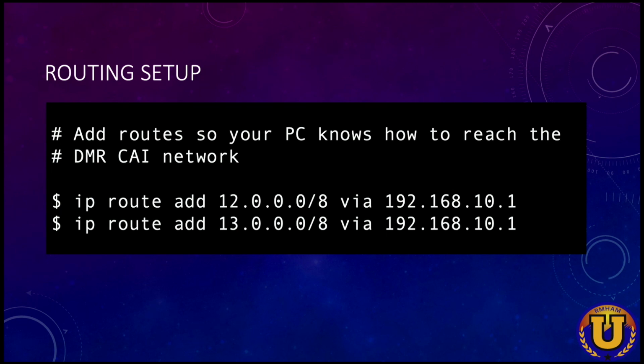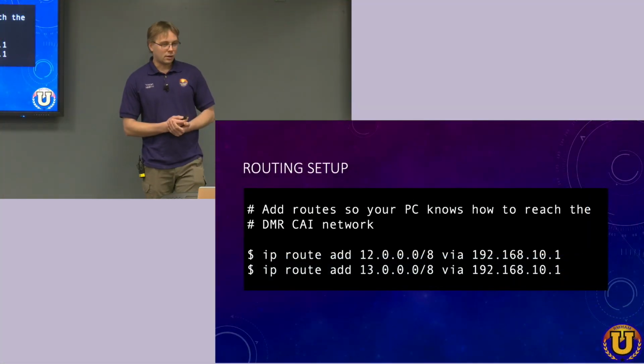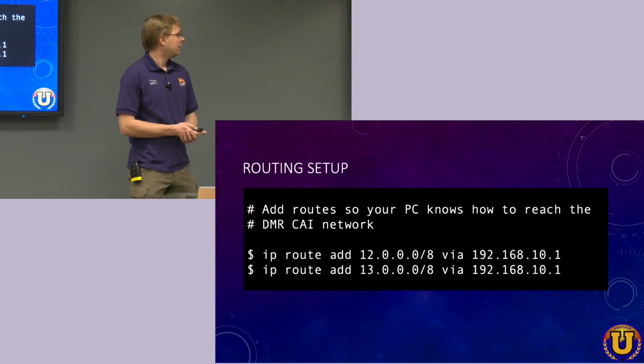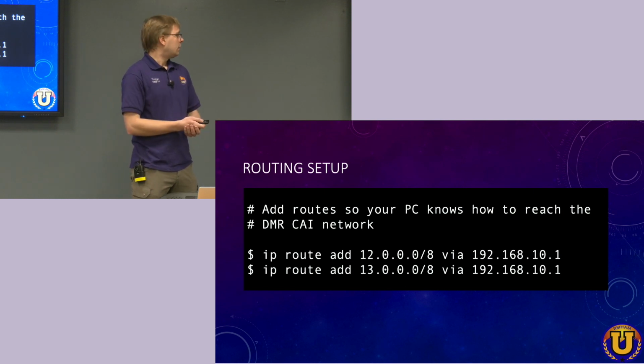So let's go ahead and pretend that we're attaching a laptop to our radio. Like we said earlier, the radio is a router, and we need to teach our computer how to route data over to that radio so that it can transit the network. Remember, we're only 192.168 dot something so far, so we have to basically insert our own entries into the routing table.